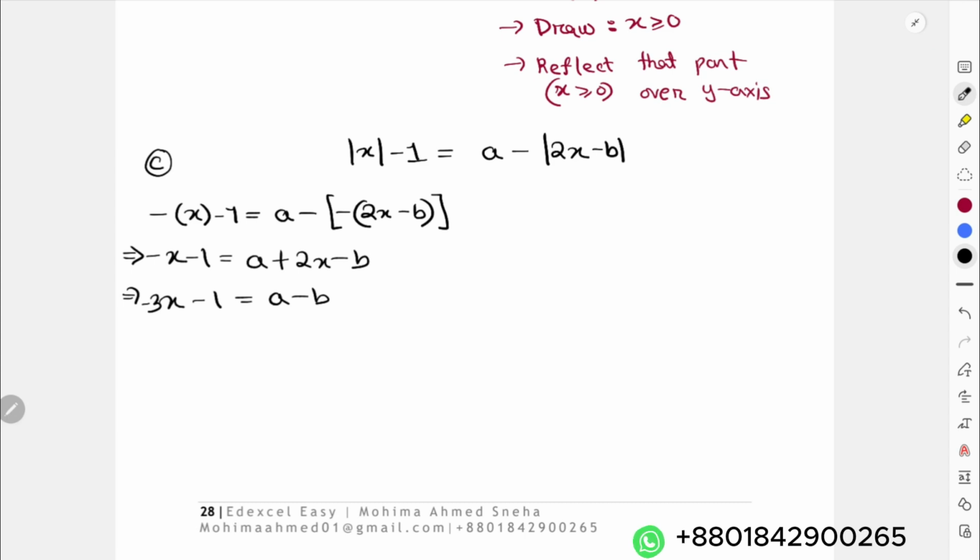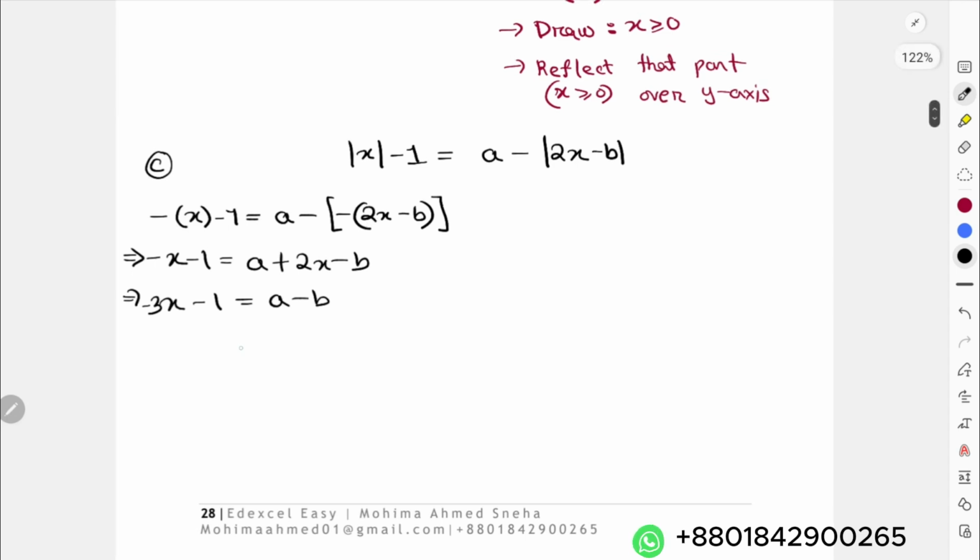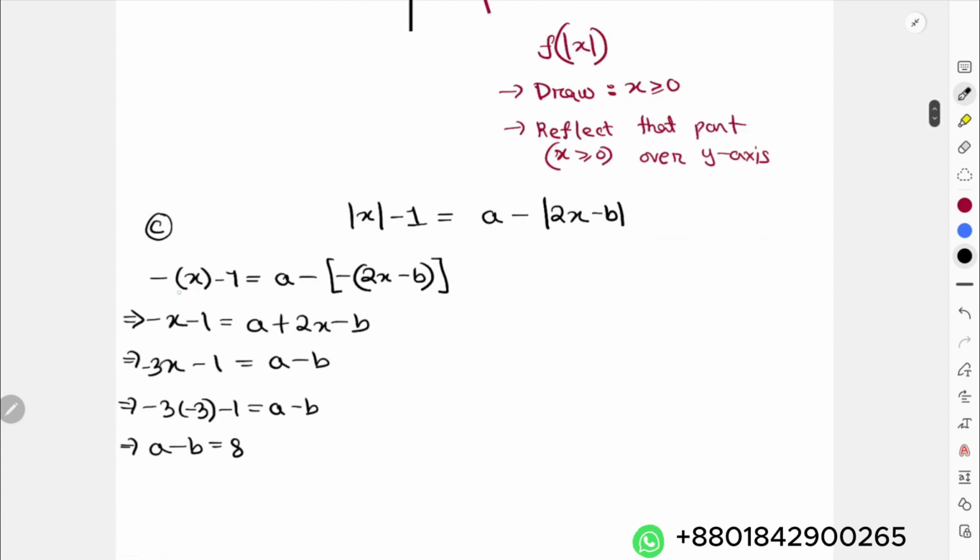Okay, no, sorry, I was doing the first correct thing, that if this is negative, this is also supposed to be negative. Then from there we can get minus 3 minus 1, a minus b, and from there we get a minus b equals 8, right? We're supposed to take that if one is negative, then the other is also negative.